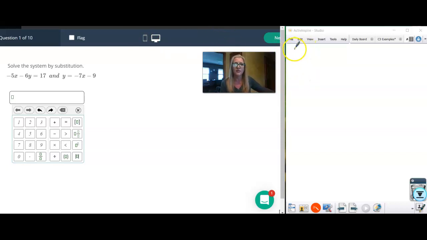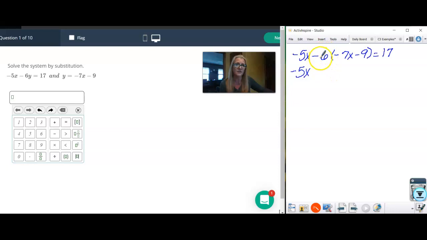Coming over here to Edulastic, you would do negative 5x minus 6, and then we're going to substitute negative 7x minus 9 for y, equals 17. Now remember, your first step in one of these problems is to distribute.